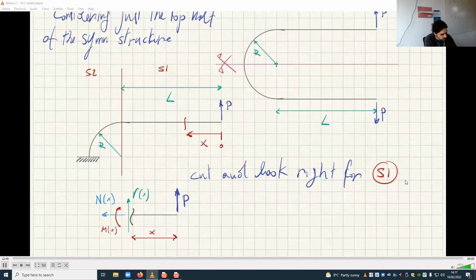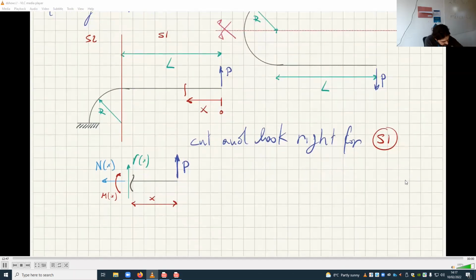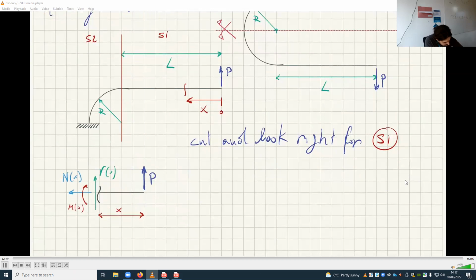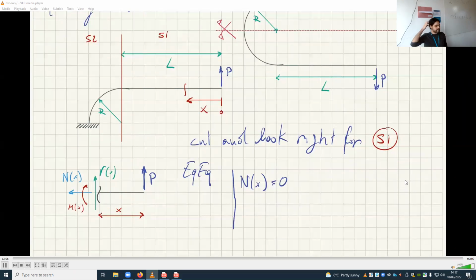So let's write the equilibrium equations. Then I have that N of X is 0. You agree with me that there is no horizontal force to balance?